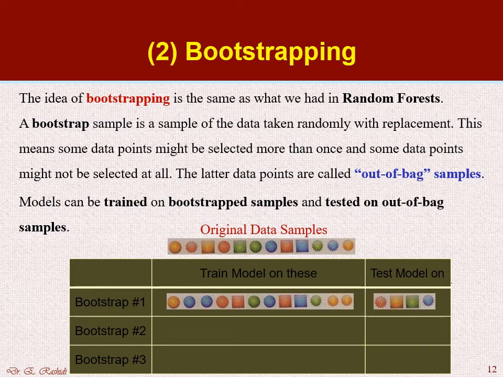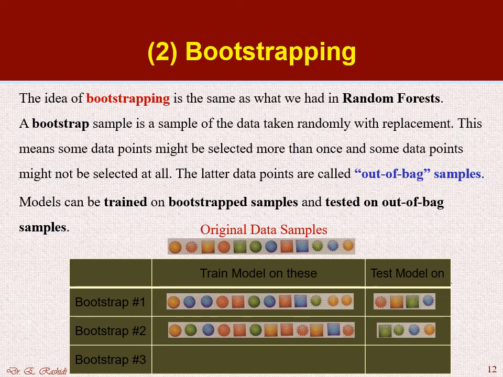So here we have selected 2 green circles, 2 red squares, and 2 red shapes. This repetition means that some of the shapes have not been selected at all, the out-of-bag samples. We're going to assign those for testing. These shapes and colors have not been used in the training.